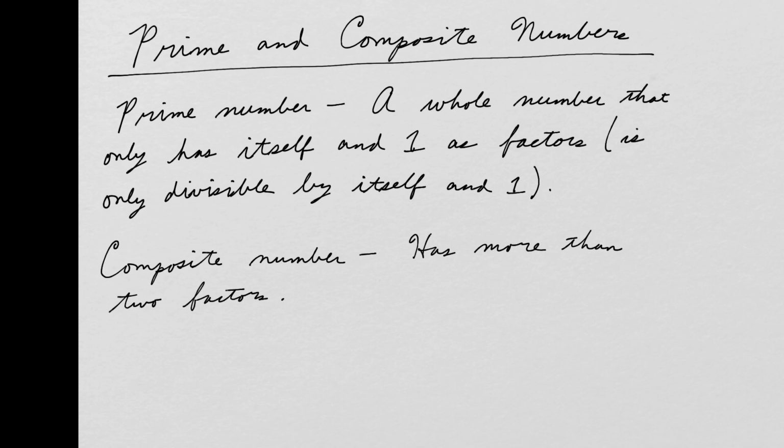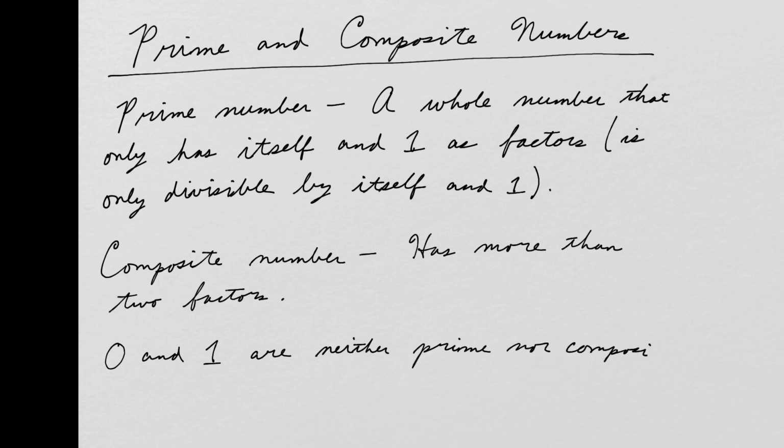Now, by definition, right, 0 and 1 are kind of special numbers. They're neither prime nor composite. I'll just write they are neither prime nor composite.